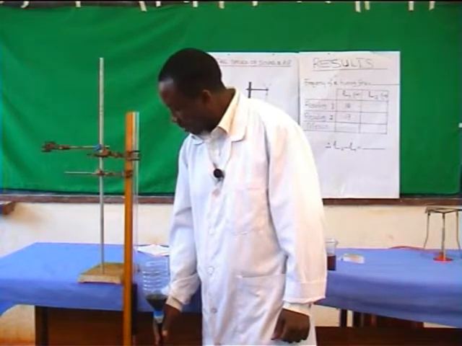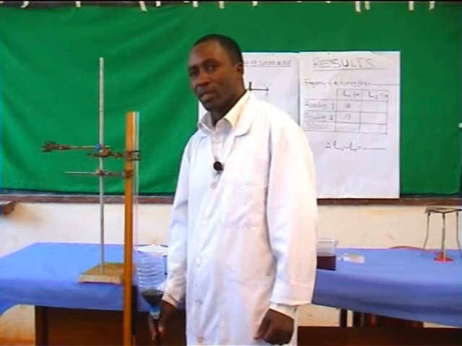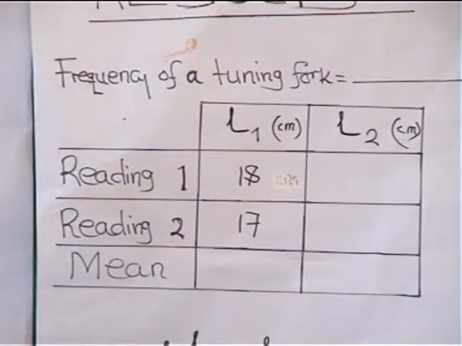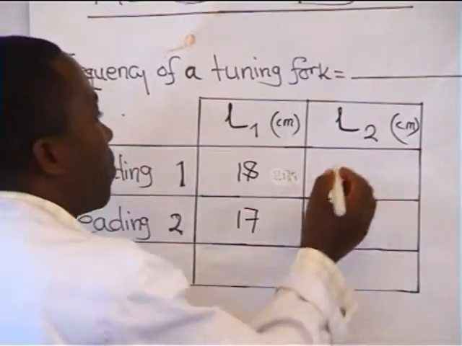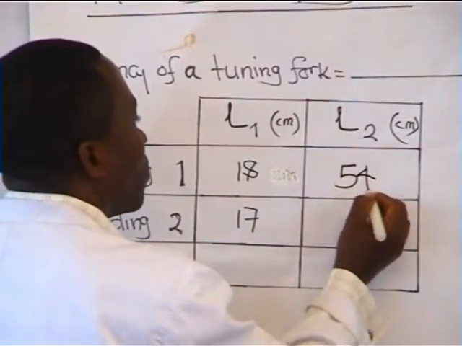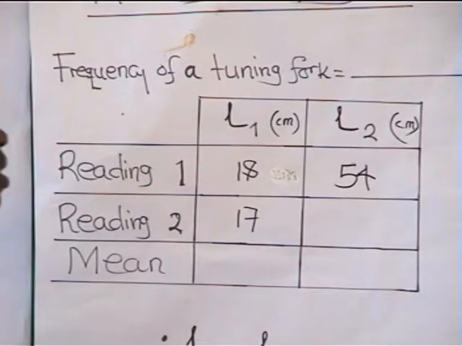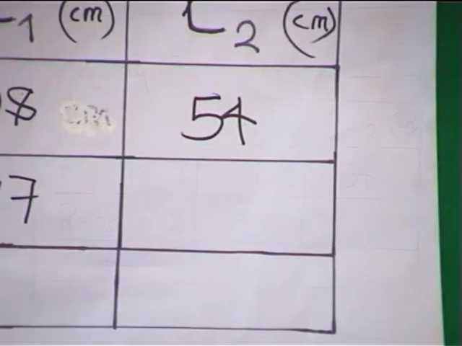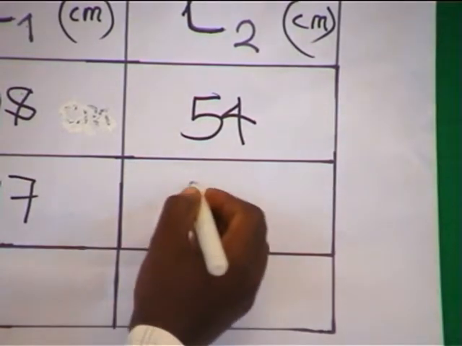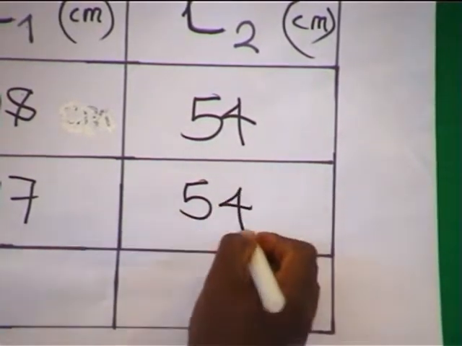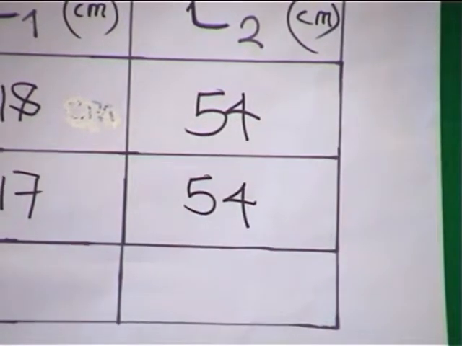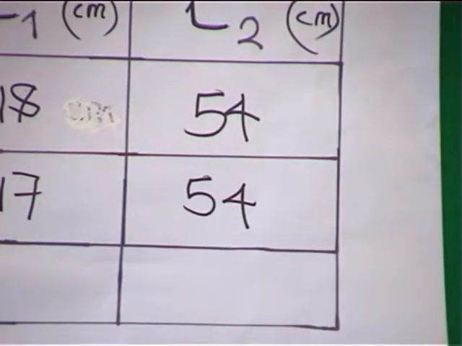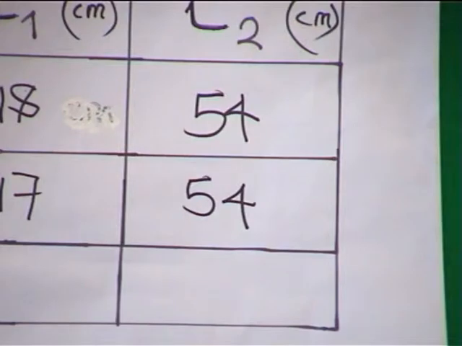Take the second reading so as to minimize the error. The second reading was again the same, 54 centimeters below the end of the resonance tube.